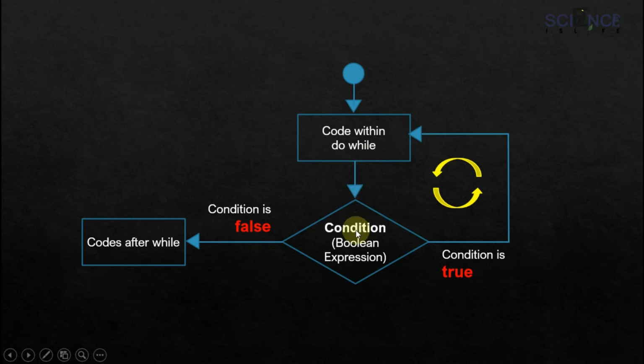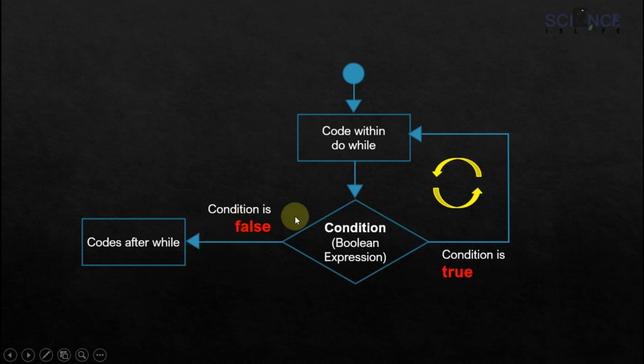If the condition is false, then after executing the do while and after checking the condition, again it will not jump inside the do while, right?